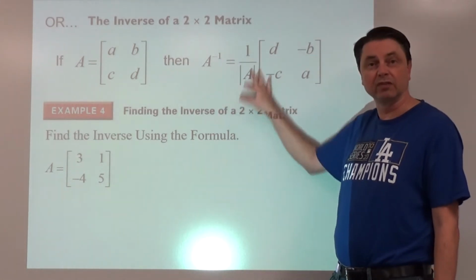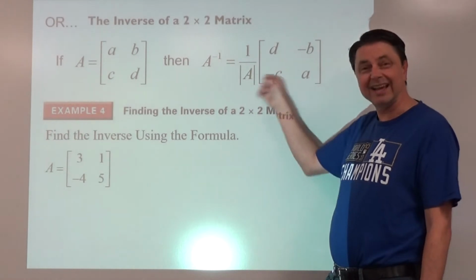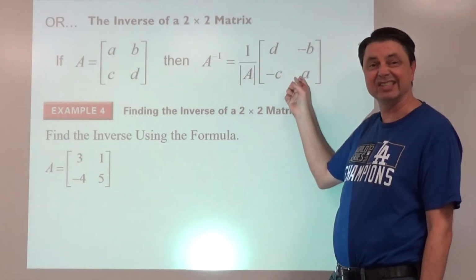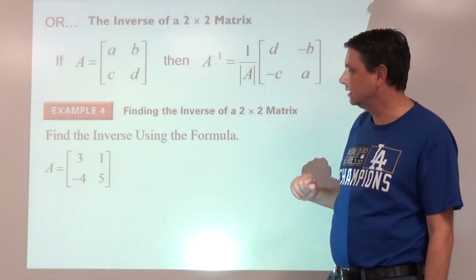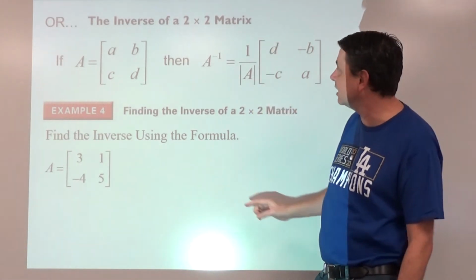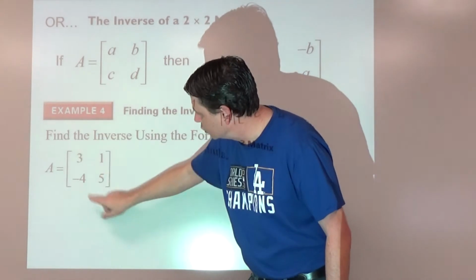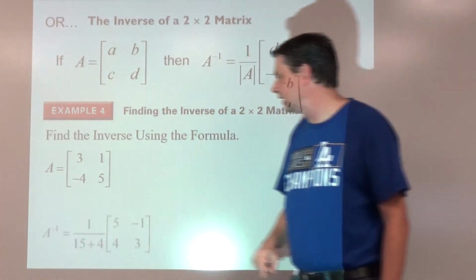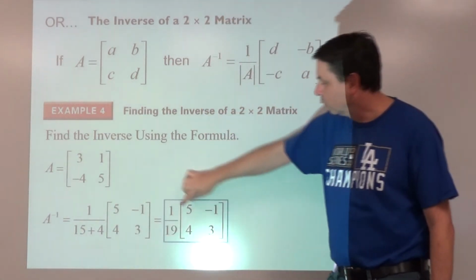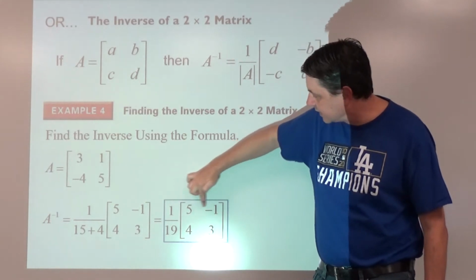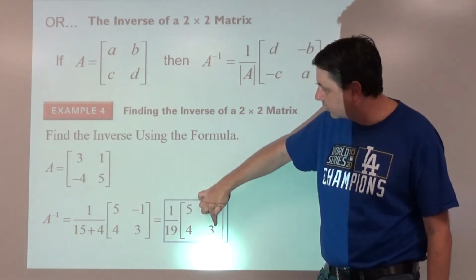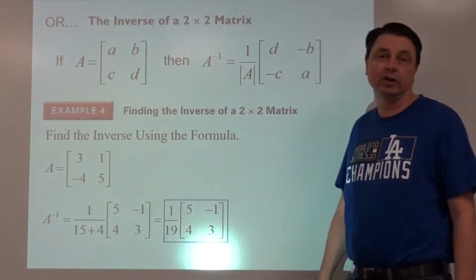It's actually preferable not to multiply it in and get the fractions inside, but to keep it outside. We're going to get 1 over 19 times the matrix. Switch these two. Make that positive, make that negative. 1 over 19, 5, negative 1, 4, 3. There's our inverse.